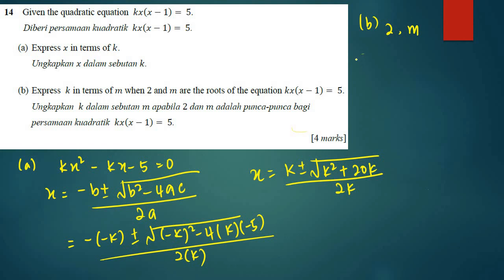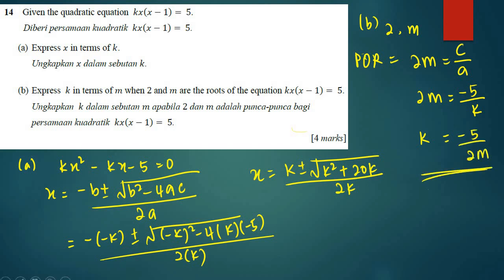So maybe try with product of roots. Product of roots is 2 times m equals to c over a. You must remember the formula. So c over a: c you get negative 5, a is k. You want k in terms of m, right? So k is negative 5 over 2m. Okay, this is the answer.